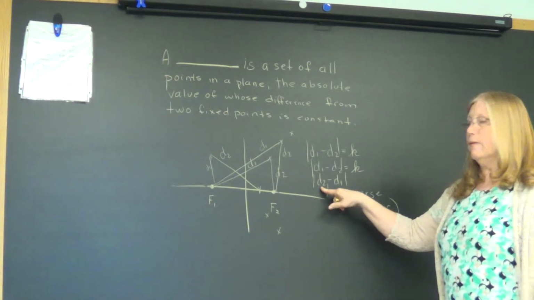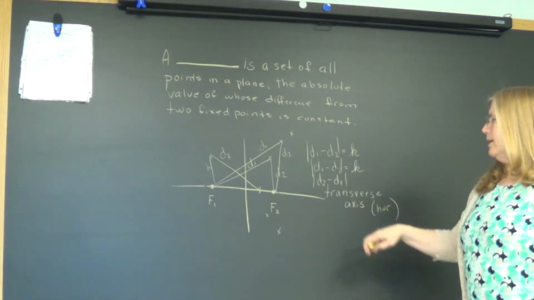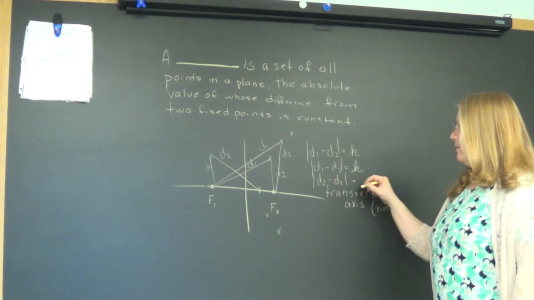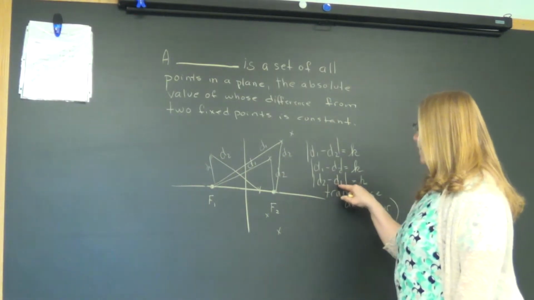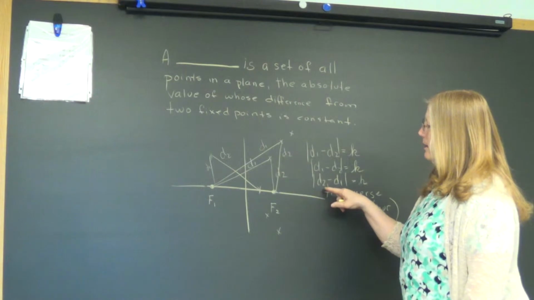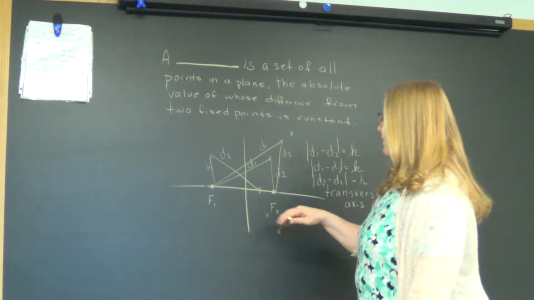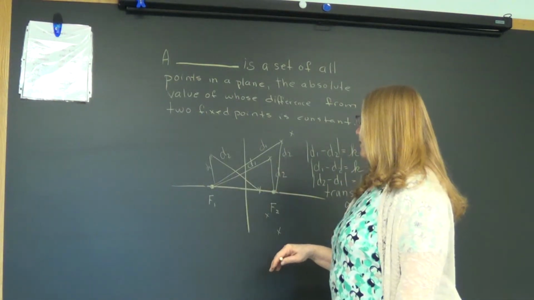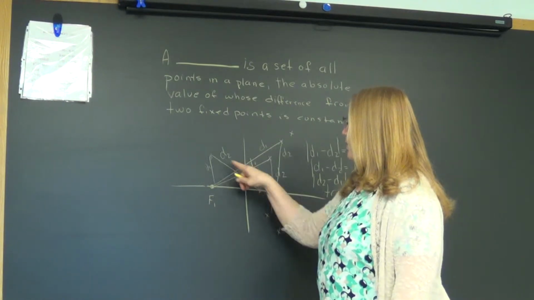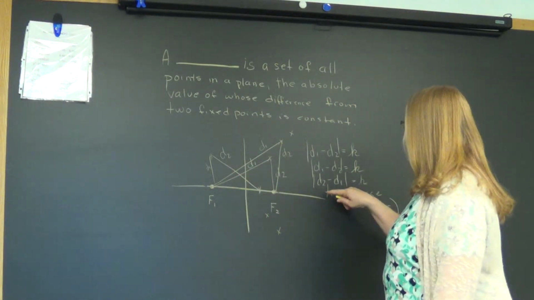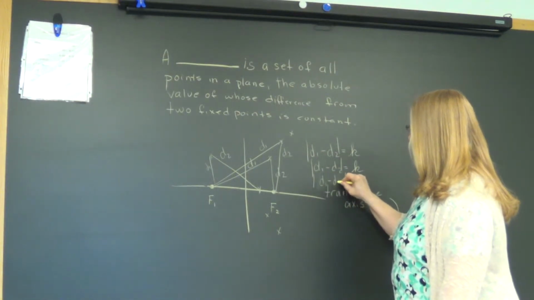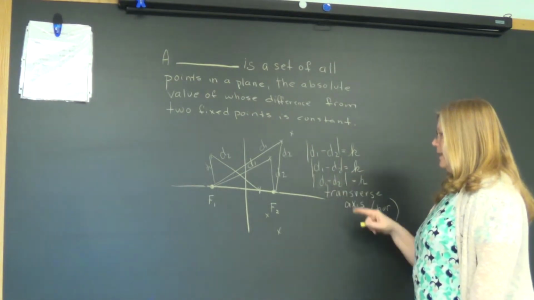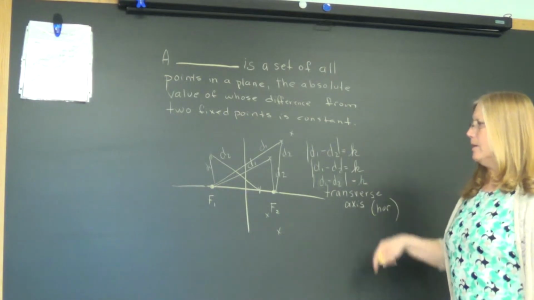I can do D2 first minus D1, and because I'm taking the absolute value, if D1 is the smaller one, D1 minus D2 would be a negative number, but when I take the absolute value, I get back to the same constant.